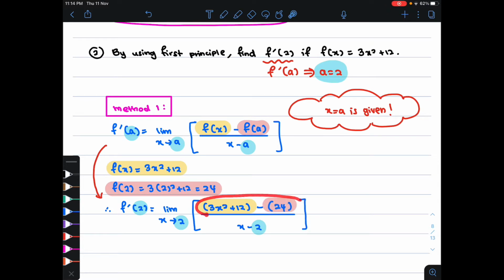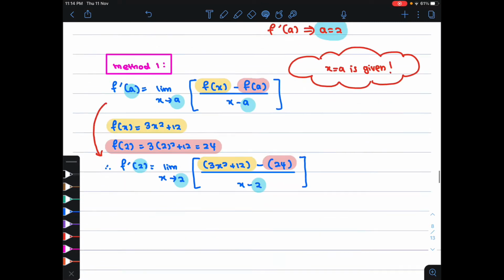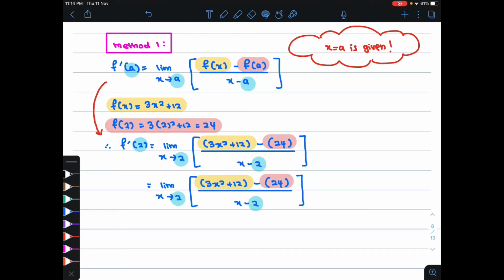So now simplify the numerator. And we will get 3x squared minus 12. So if you substitute x equal to 2 into x, you'll get 0 over 0, which is case 2.